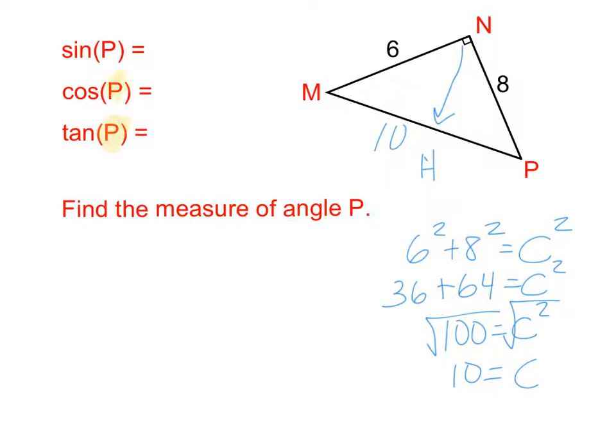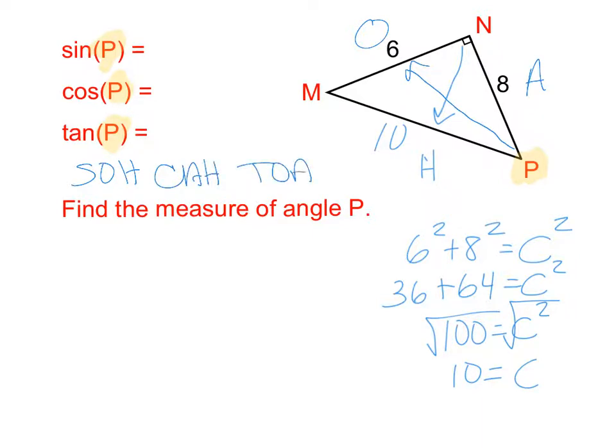All right, so we're looking at angle P this time. So angle P is right there. Across from P is 6, that's our O, and so 8 is our adjacent. So again, we have SOH CAH TOA. Sine is opposite over hypotenuse, so that's 6 over 10, which is 3 over 5.